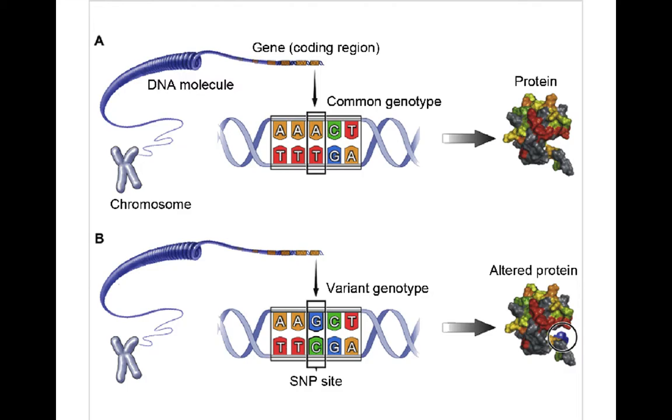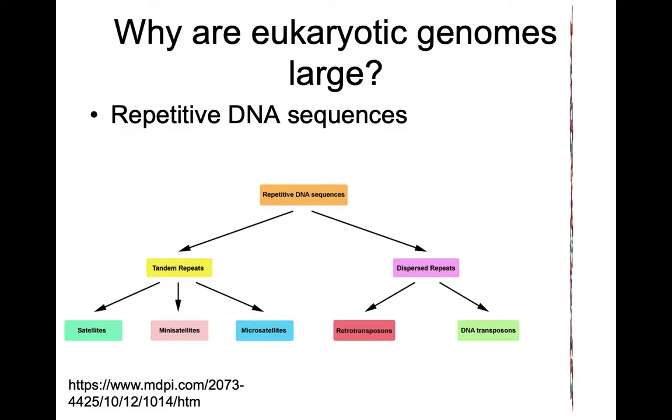Okay, so we're good with another feature of eukaryotic DNA, which is single nucleotide polymorphisms. Actually, let me qualify now. Not only eukaryotic, but also prokaryotic DNA. Now, not really the last, but another feature that I also want to talk about is the fact that eukaryotic genomes are really large.